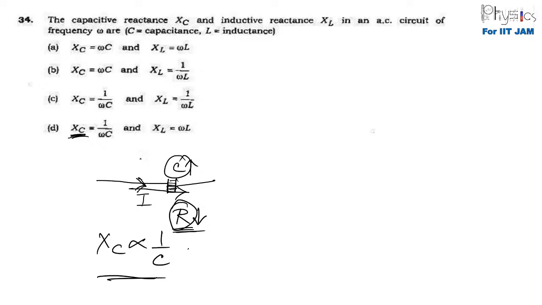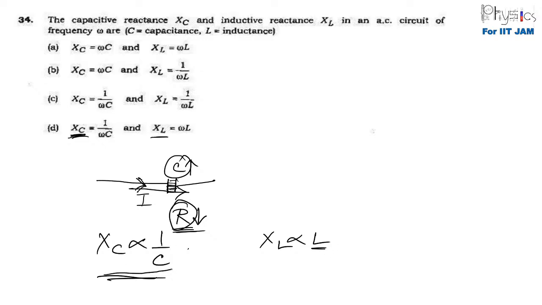If XC is inversely proportional to C, then obviously the inductive reactance would be proportional to inductance, that is L. XL would be proportional to L, right?